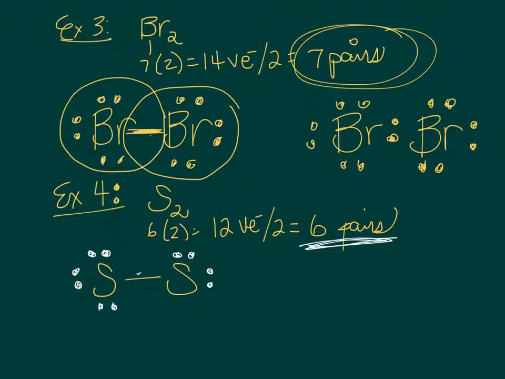So then we put anything extra on the center. Well, I definitely don't have anything extra because I've just run out of electrons and I haven't gotten to fill sulfur's octet. So he only has 6 pairs of electrons here. Well, that's not going to work.